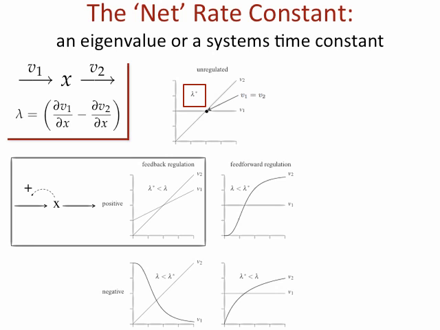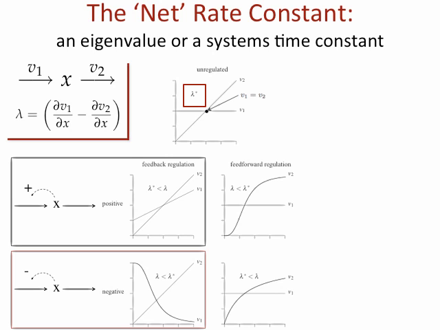So in absolute magnitude, lambda will become smaller. Lambda star will be a negative number, and lambda in this case is still a negative number, but is a smaller negative number.